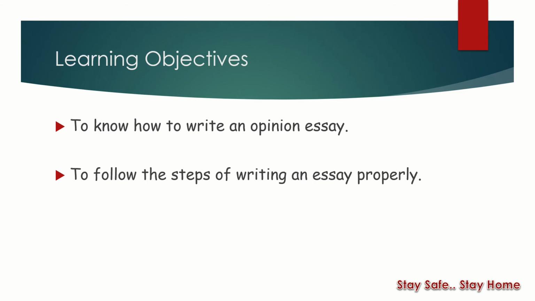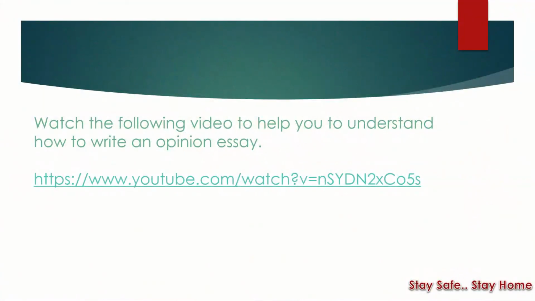If you focus today on the explanation of the proper steps of writing the opinion essay, you will be able to write it perfectly, guys. Both of the objectives complement each other; none is dealt with by itself.